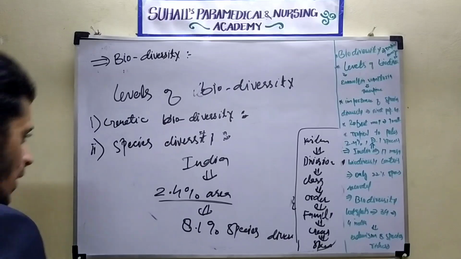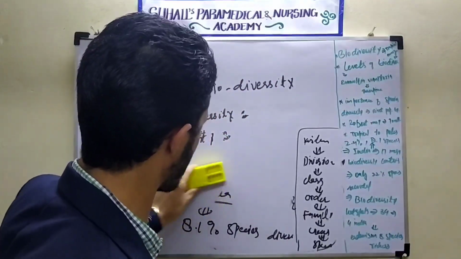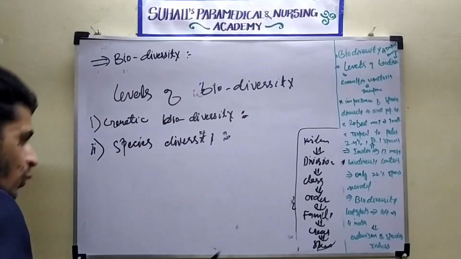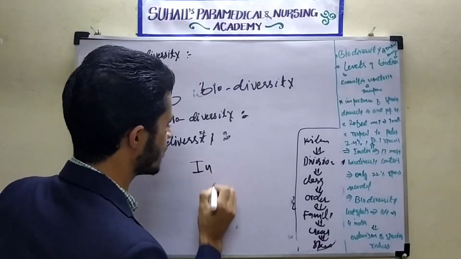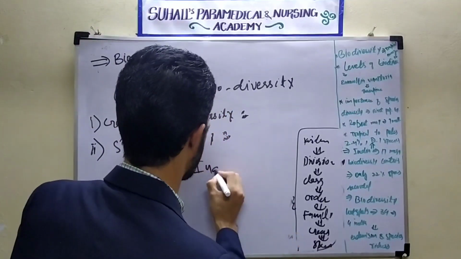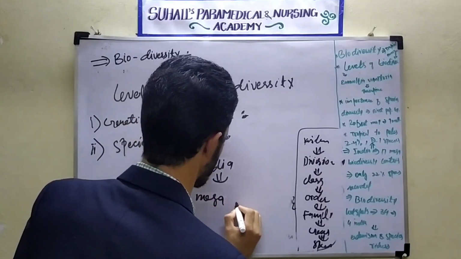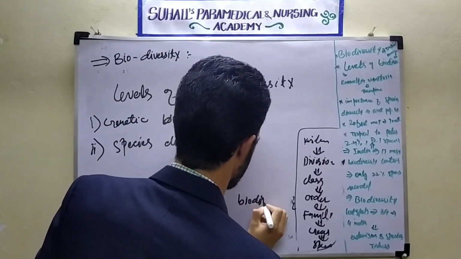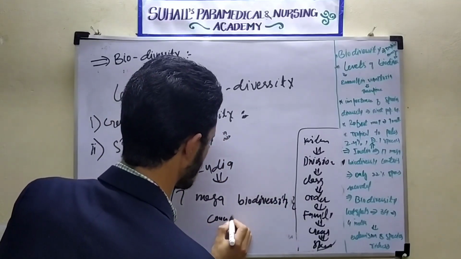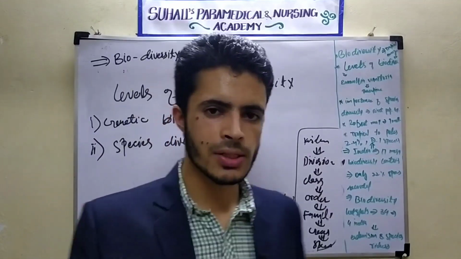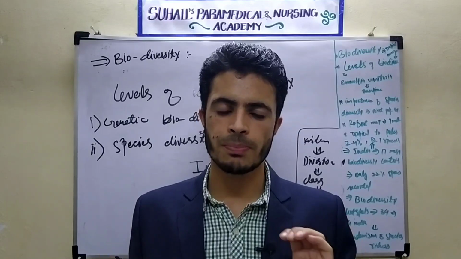See here. You should write all the points that I am saying. If India has this much of species, then India is among the 17. There are 17 mega biodiversity countries, and India is among them. These are the countries considered to have the highest species biodiversity.